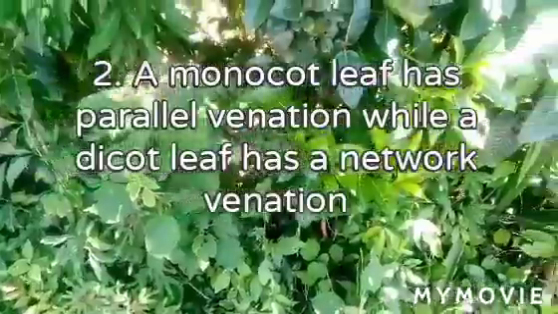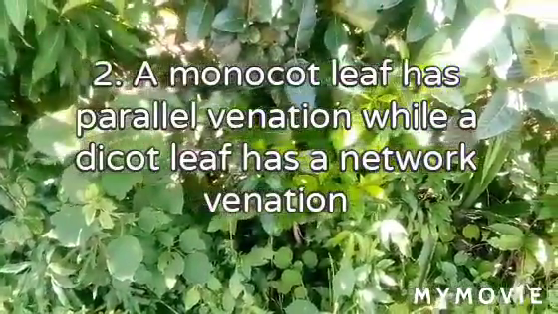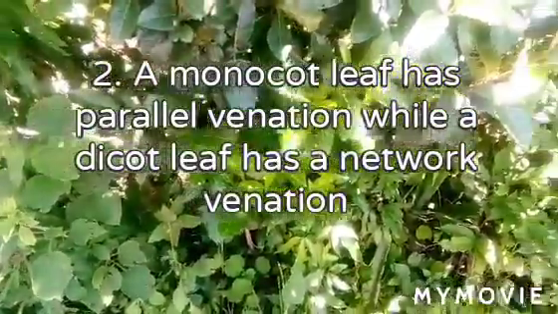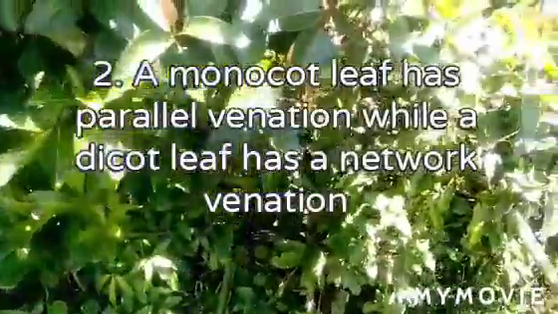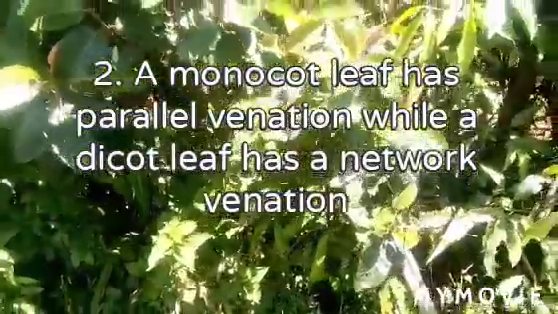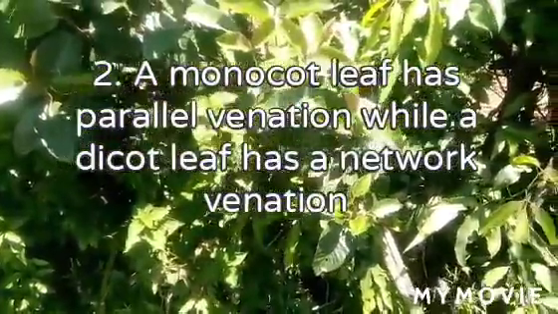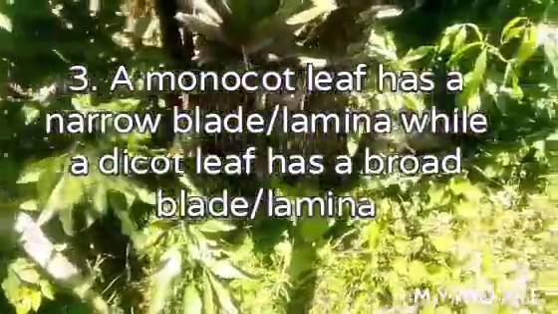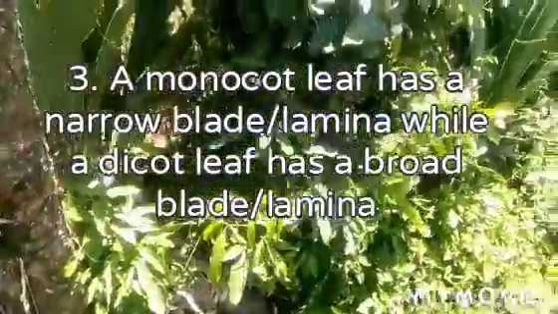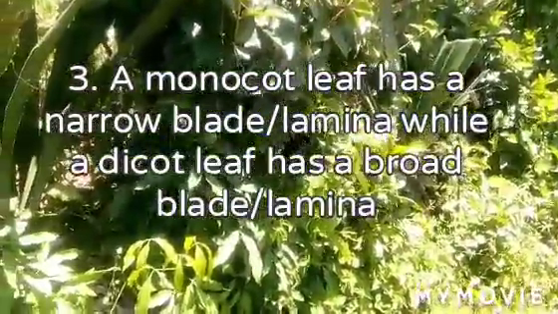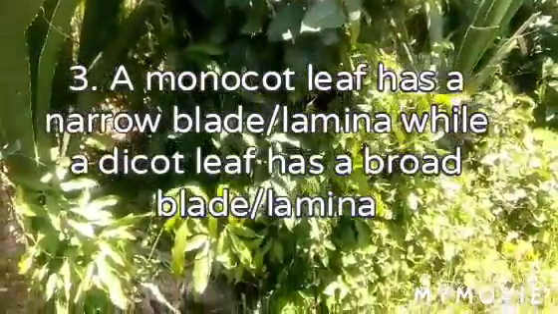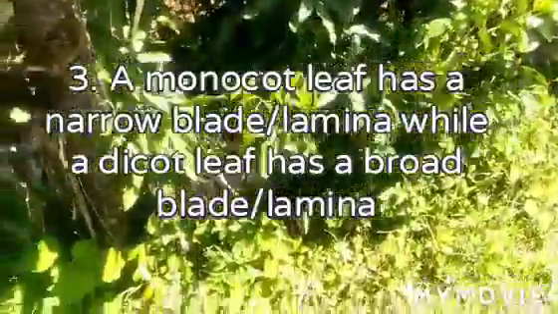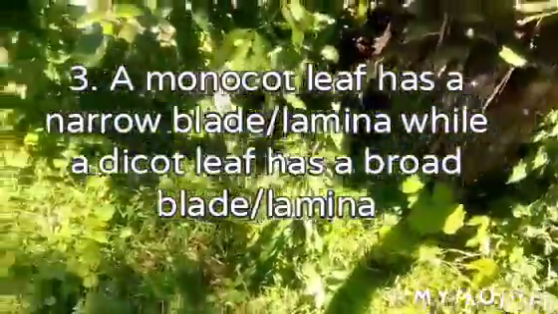Number 2, a monocot leaf has parallel venation, while a dicot leaf has a network venation. Difference number 3, a monocot leaf has a narrow lamina or blade, while a dicot leaf has a wide lamina or blade.